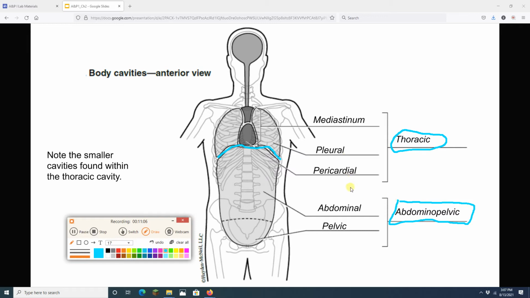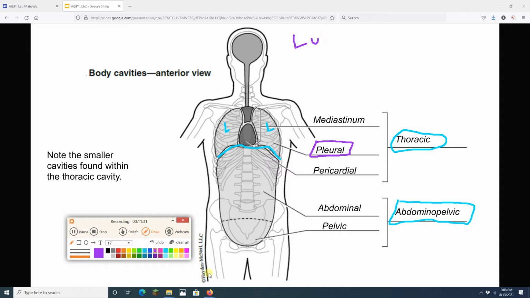We're doing thoracic right here. So, what I want you to notice is that there is a lung right here and there is a lung right here. Each lung has an associated cavity called the pleural cavity. Each lung is associated with a pleural cavity.